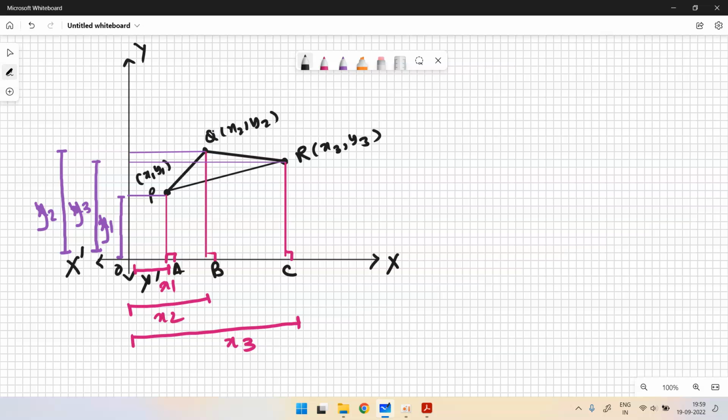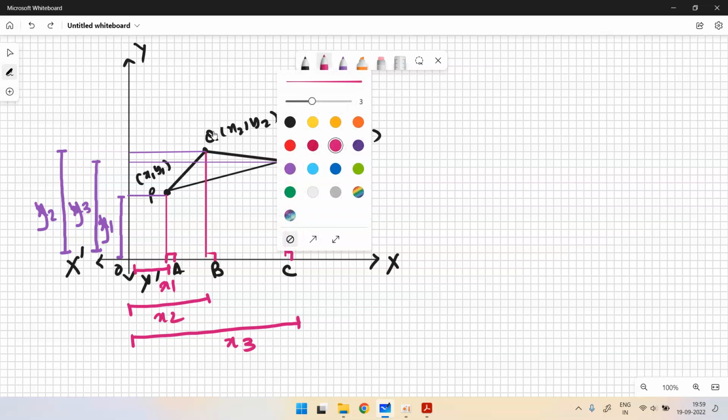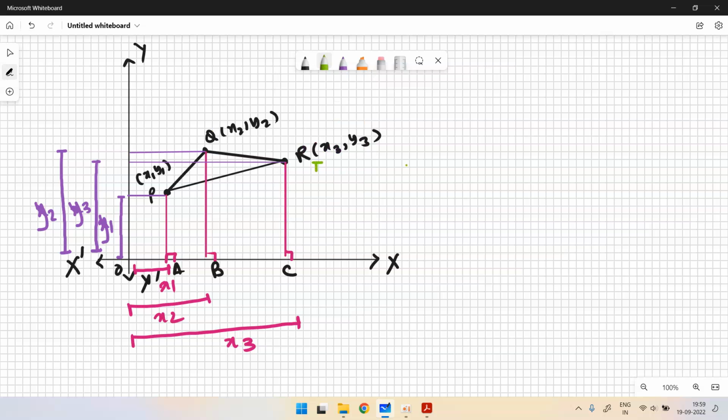Now this length is y3. Length is y3. No need to write this, I am just doing the solution directly.